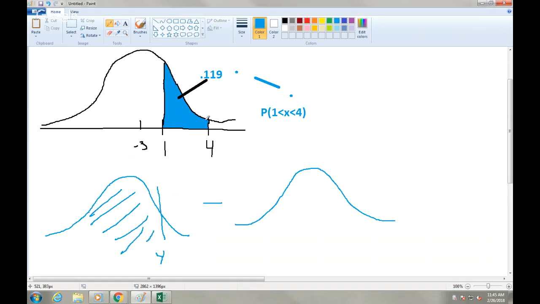See the stuff all the way below 4. And then I'm just going to rip away this white zone, which is all the area below 1. Start with the area below 4, everything, and rip away this white zone that's below 1. Probability of x less than 4 minus probability of x less than 1.